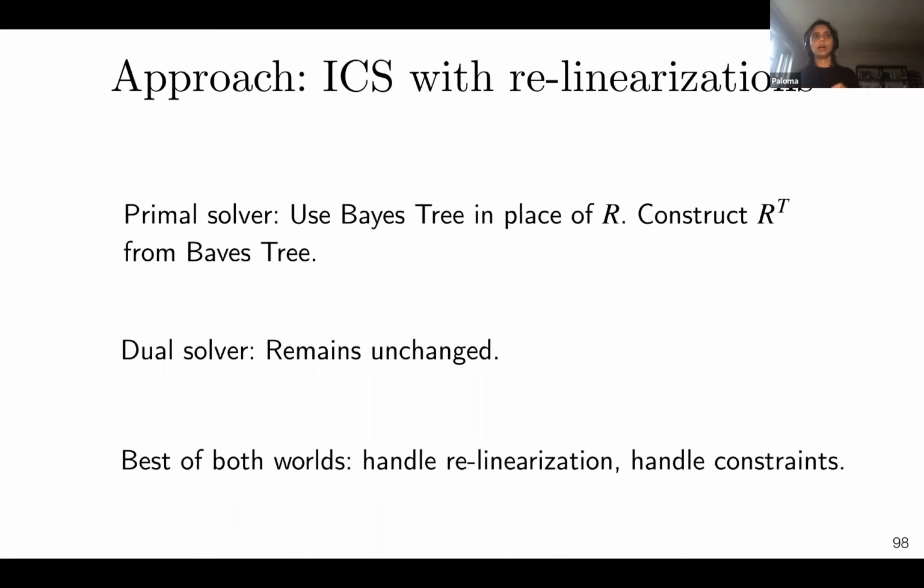The dual solver actually remains unchanged since it was just a gradient ascent on the dual variables. As a result, we can get the best of both these approaches, which was handling relinearizations while being able to handle constraints.